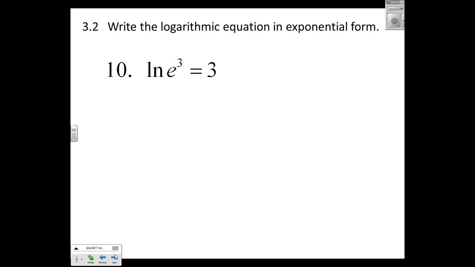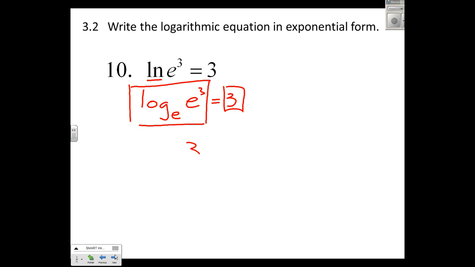Likewise, write the logarithmic equation in exponential form. Well, ln is log base e. You could really think of it this way: log base e of e to the third equals 3. So we would read this as log base e of e to the third equals 3, but we want to think of it as this whole thing, which is 3.